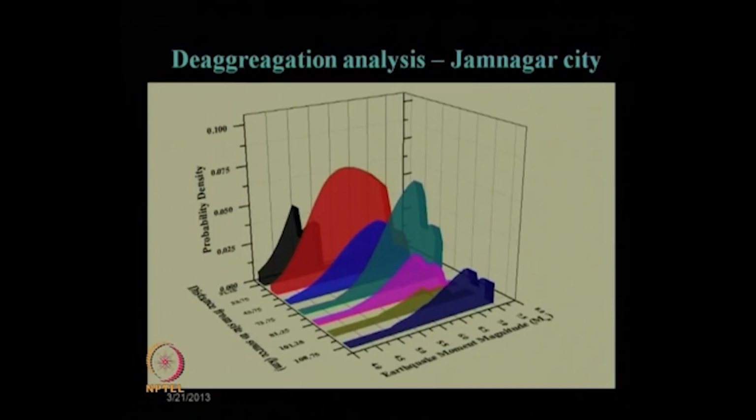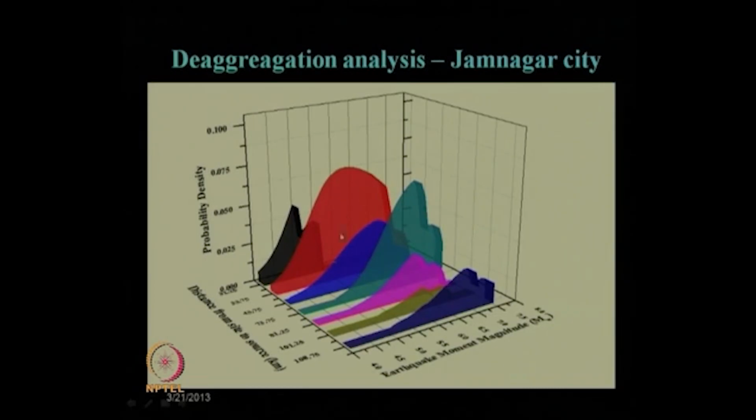Next, let us see the deaggregation analysis for one particular city, let us say Jamnagar city. Why I want to show this result? Deaggregation gives us the idea which source and which distance dominates, right, for a particular city or particular region.